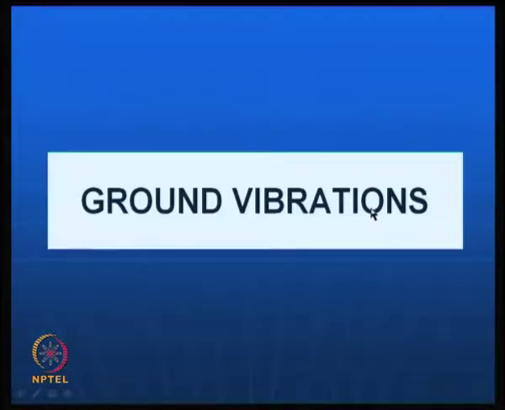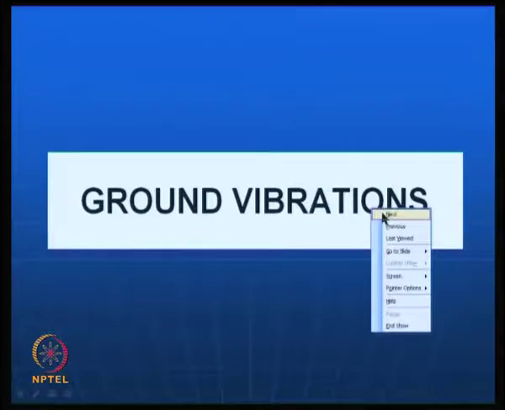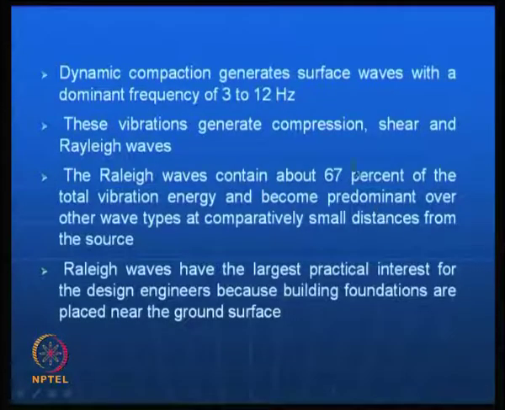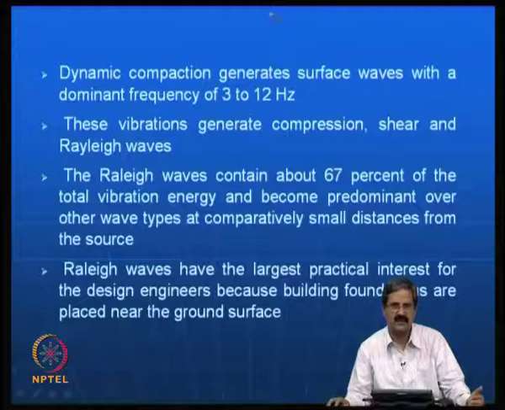Then as I just mentioned, the dynamic compaction generates surface waves with a dominant frequency of 3 to 12 Hz. If you are doing dynamic compaction, as I will be showing you in the video later, it generates a lot of sound. The frequency is quite high, and it is very difficult for the personnel working, or if it is next to a residential area, it is difficult.